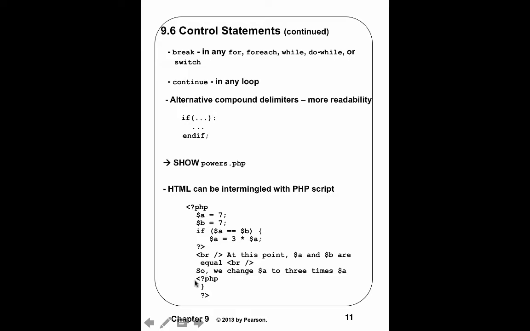So it seems a bit strange, but what it is saying here is that you're assigning 7 into variable A, the value 7 to variable B, comparing the two, and in this case they will be the same. If they are the same, you do some multiplication, and then you update the variable A, and you then proceed to output these statements. Remember, this looks like normal HTML, so this is just output. So these lines are just simply copied out, and then you close that statement.